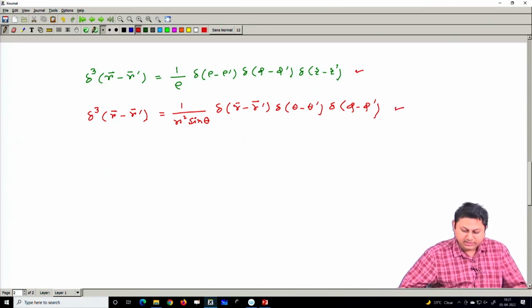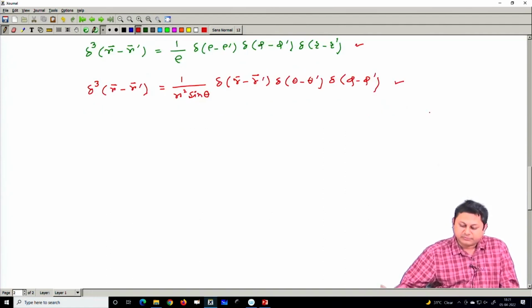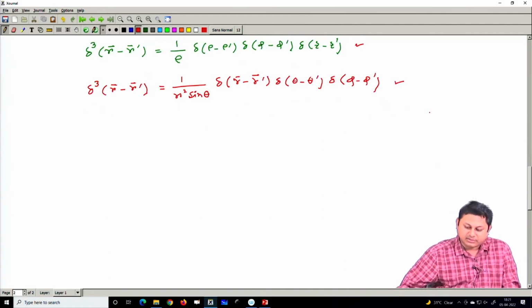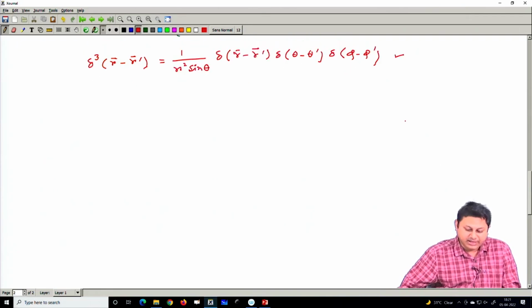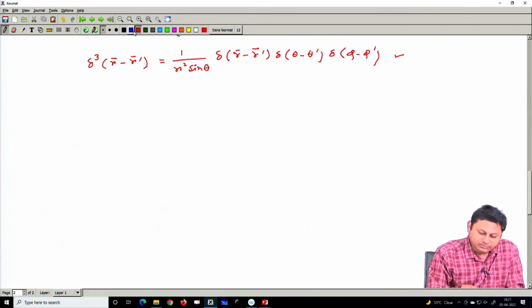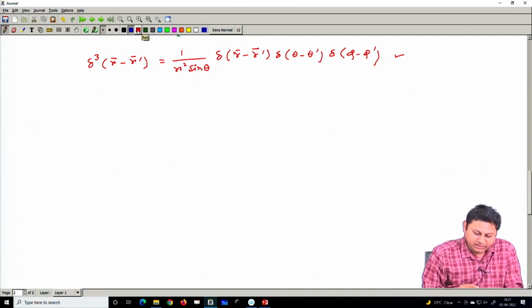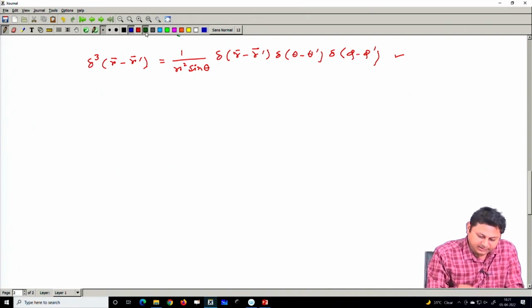Well, after that, now we try to understand the delta function with another identity we will try to derive. But before that, let us quickly do a few problems regarding the delta function as an exercise.